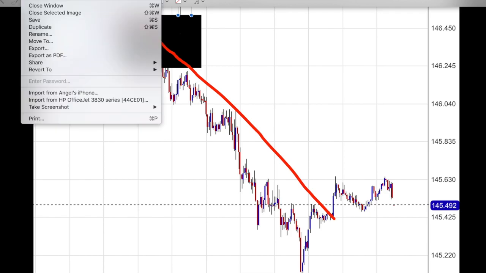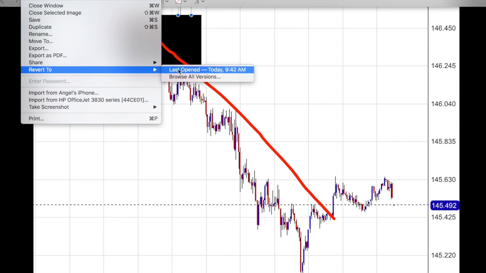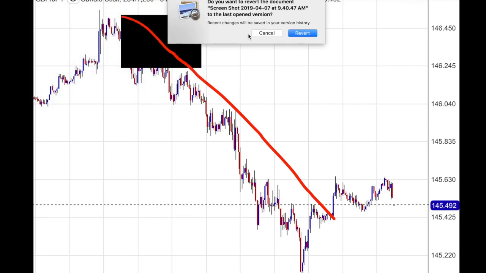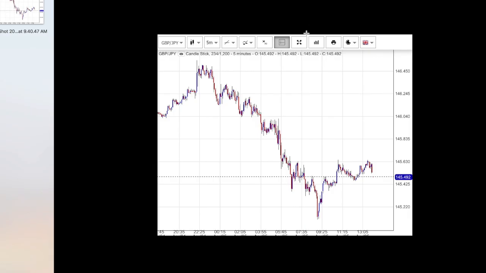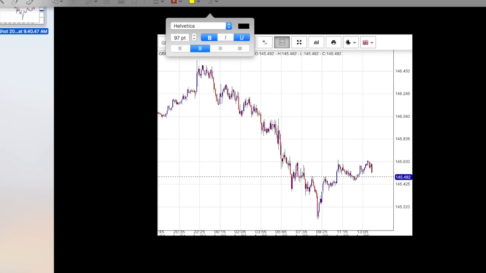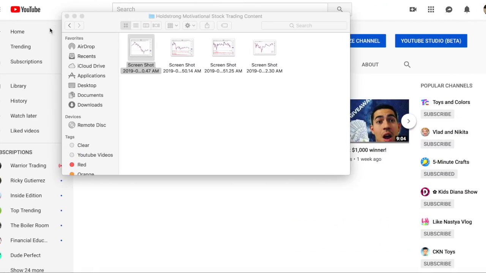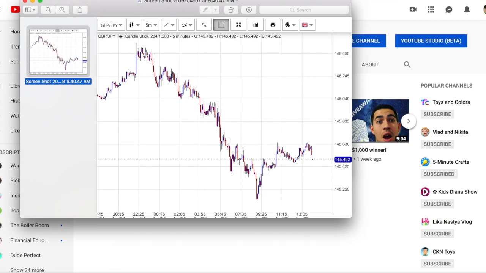File, revert to, open, revert. I don't know what that means. Okay, let me actually close this and open it up again, you guys. Sorry about that.